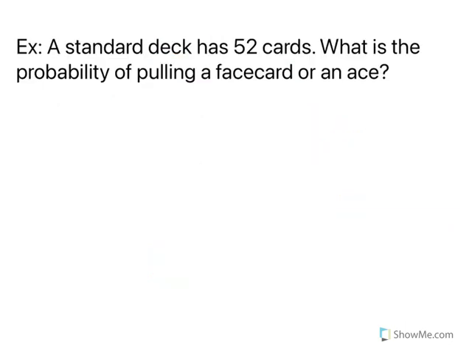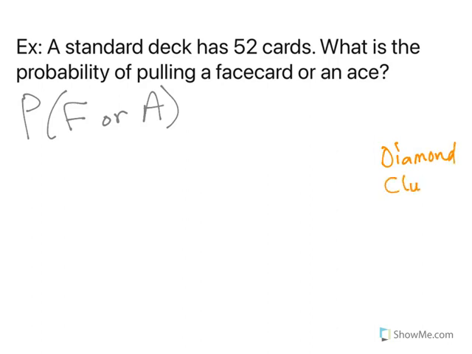A standard deck of cards has 52 unique cards in it. What is the probability of pulling a face card or an ace? Okay, so the probability of a face card or an ace. For those of you who are not familiar with cards, we have 4 suits. So we have diamonds, clubs, hearts, and spades.